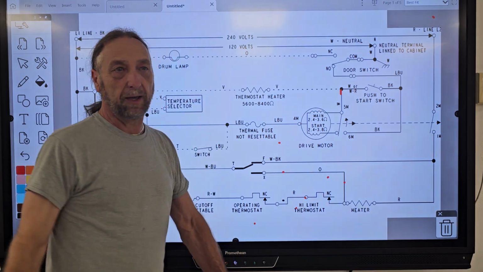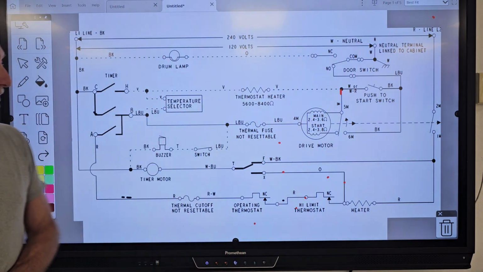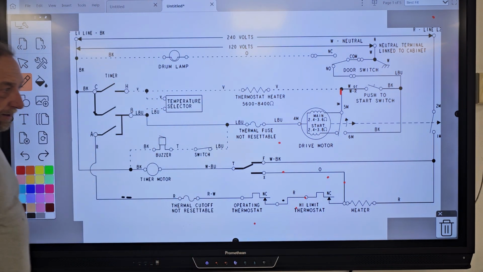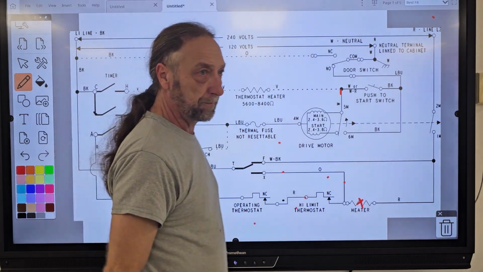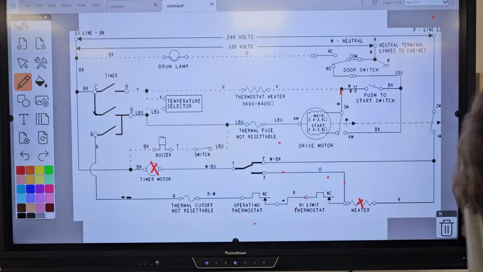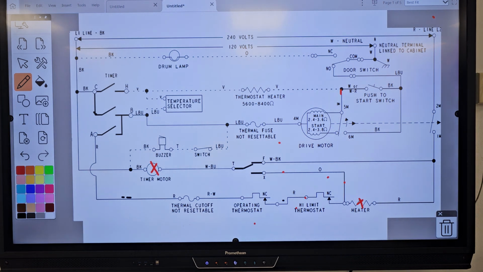Okay, so let's just say that in this case, it doesn't heat, but the timer's not working also. Then we would look for what kind of problem? What kind of problem could it be? Anybody got any ideas?